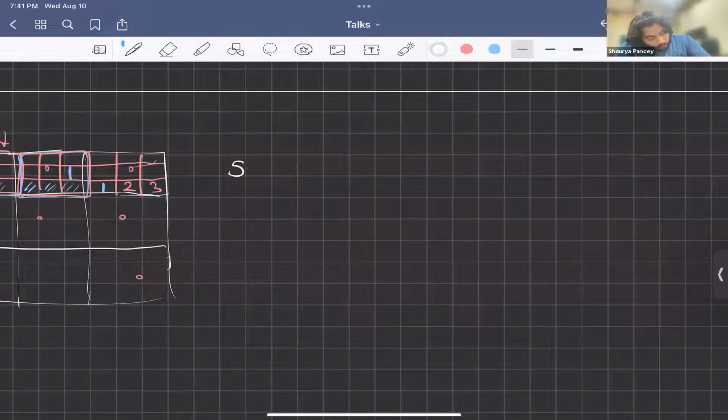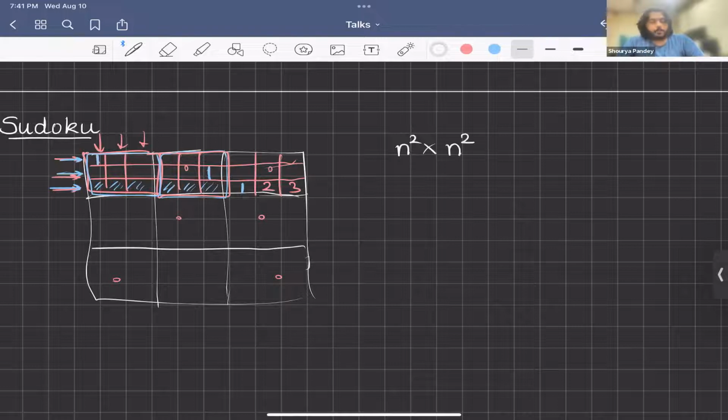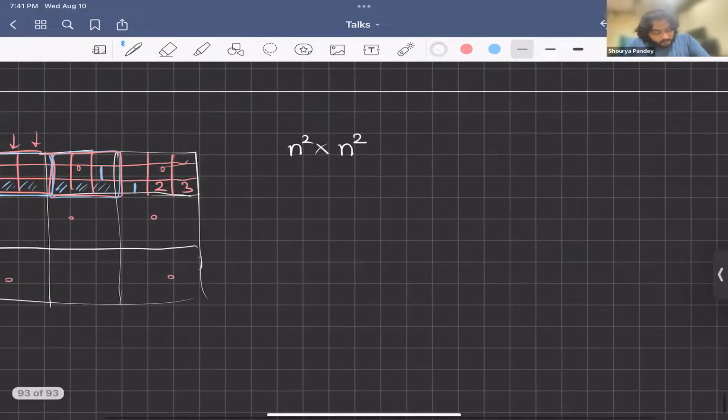Here's what I'm getting at. Sure, 3x3 is not that bad, but you can think of a generalized Sudoku, which is n square cross n square, just generalizing 9 to the square of n for any n. And think about this generalized Sudoku. Now think of this problem.